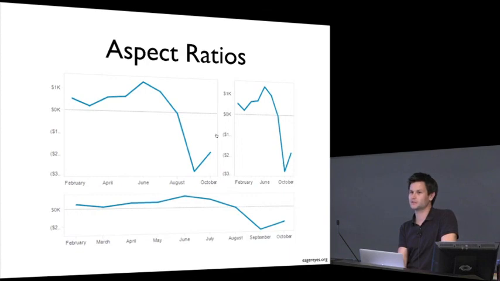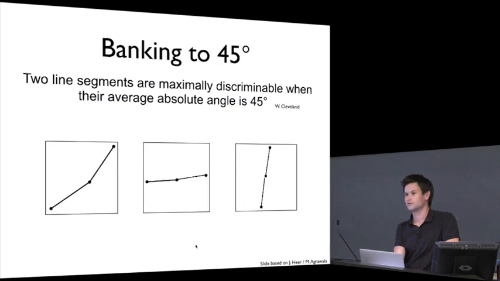There is a default, but of course the default does not need to be the best. So what is the aspect ratio that you should go for? What do you like best? This one? Okay, other opinions? This one? So it's hard to tell.